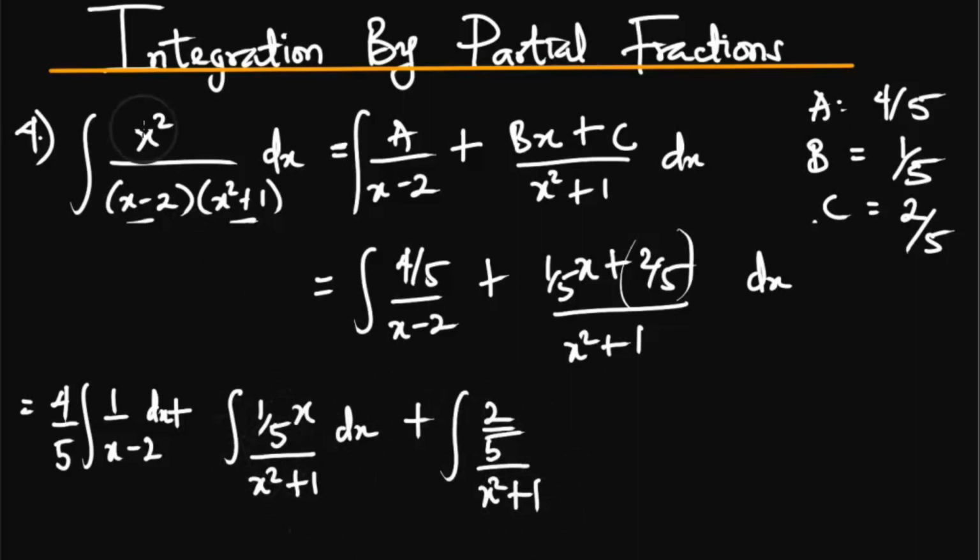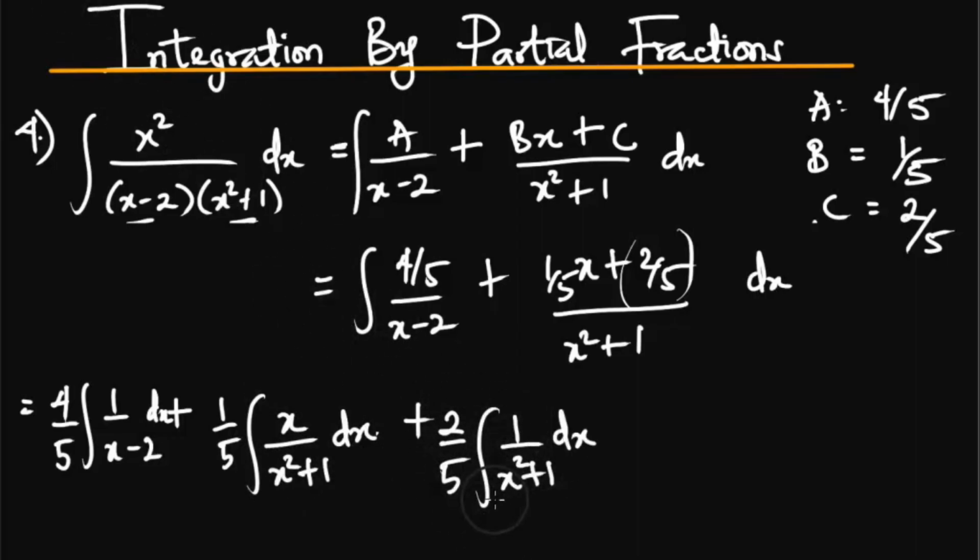So let me rewrite this. Bringing out 1 over 5, I have 1 over 5 integral x over x squared plus 1 dx. And rewriting this as well, I have 2 over 5 integral 1 over x squared plus 1 dx.